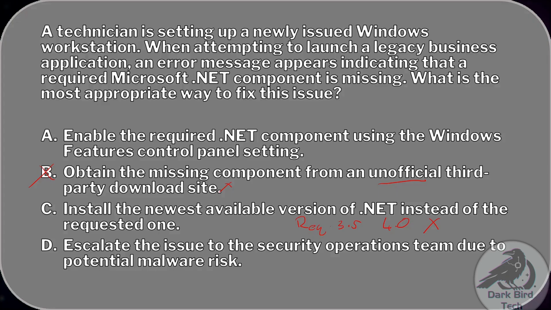The application is looking for the way the particular version it needs was set up. So let's say 3.5 for instance. And things might have been deprecated, removed, or altered in 4.0 that the application needs. So not a great option. At least they're installing the required utility, but it's not necessarily going to fix the issue.